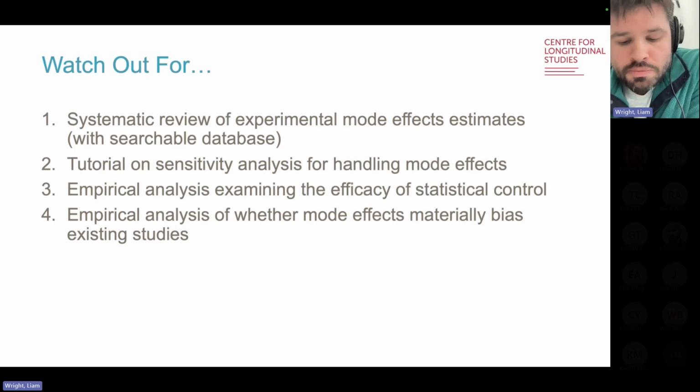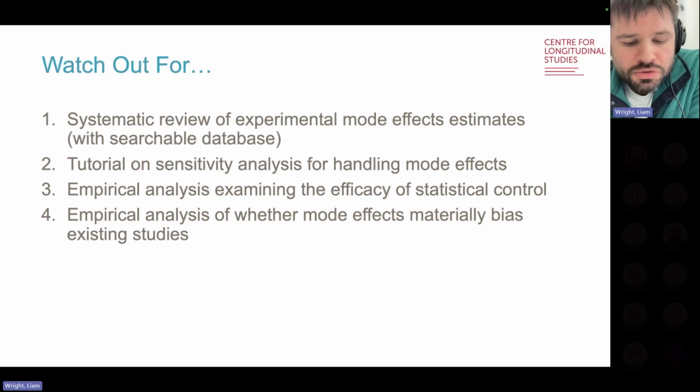One element of this is to perform a systematic review of experimental mode effect estimates so that people can incorporate these into their sensitivity analyses, so you can have plausible assumptions when you're performing them. Another is a tutorial on how to actually perform these sensitivity analyses, because they can be quite complex and the coding can be somewhat difficult if you're not that experienced with coding.